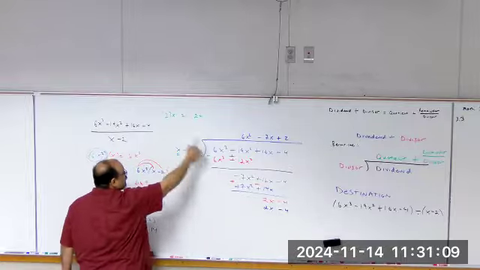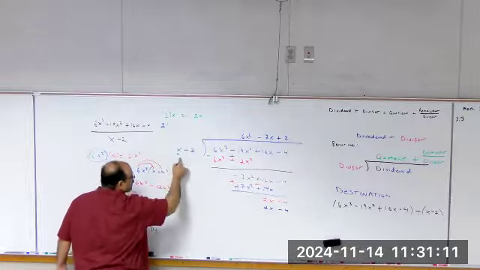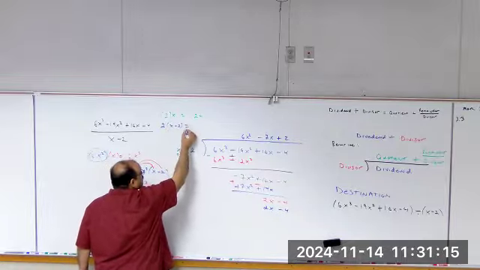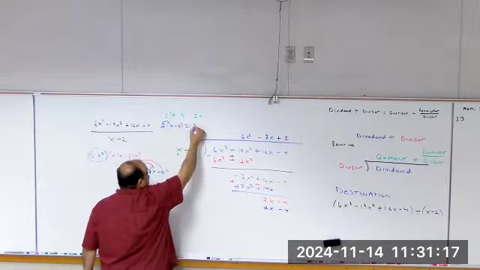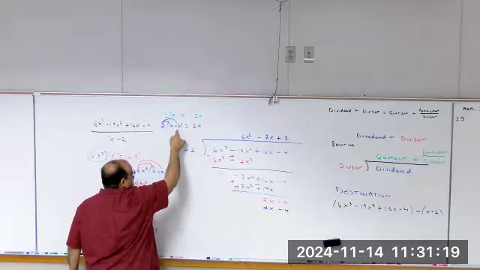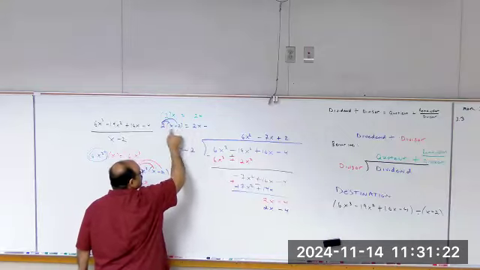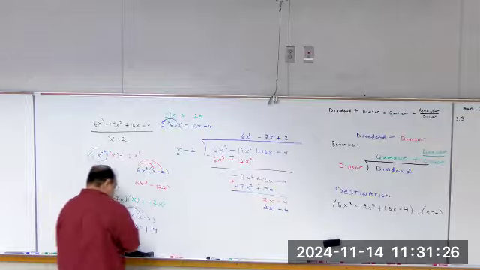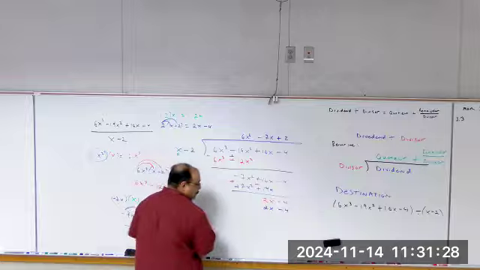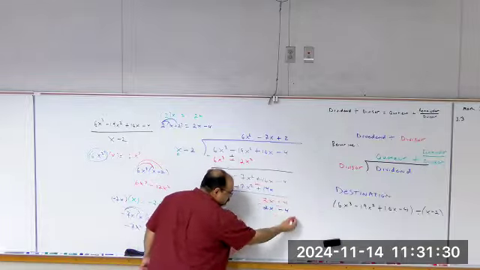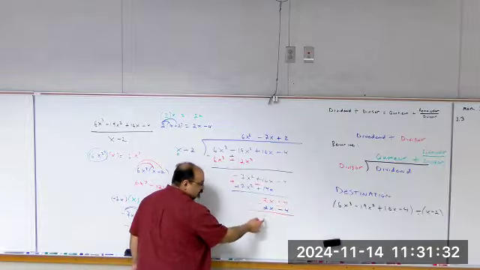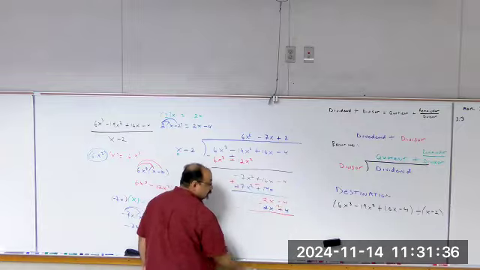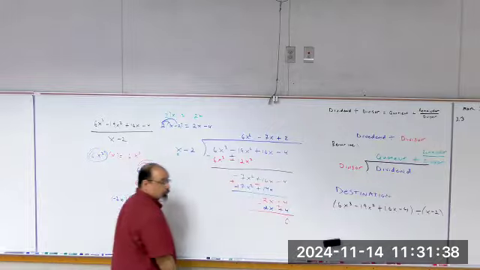And again, you would just take that 2 times the divisor, the whole thing, distribute. 2 times x is 2x. 2 times a negative 2 is 2x minus 4. And then subtract again, each one. 2x minus 2x is 0. Negative 4 minus a negative 4 becomes plus. The remainder is 0.